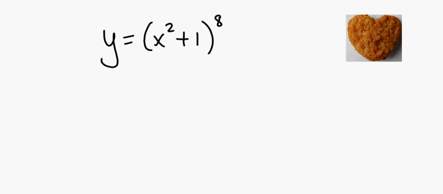You would have 8 times chicken nugget to the 7th power. The chain rule says you can do that, but you have to multiply by the derivative of the chicken nugget at the end. So the chain rule goes something like this.